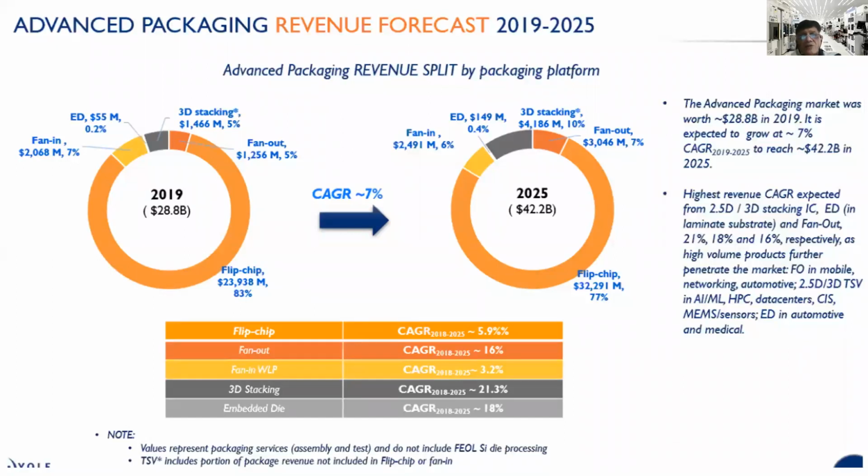And the growth is primarily in the fan out, in embedded die, 3D stacking, or the multi-chip device creation. This is the area which is growing at a breakthrough pace. The 3D stacking, ED, and fan out.